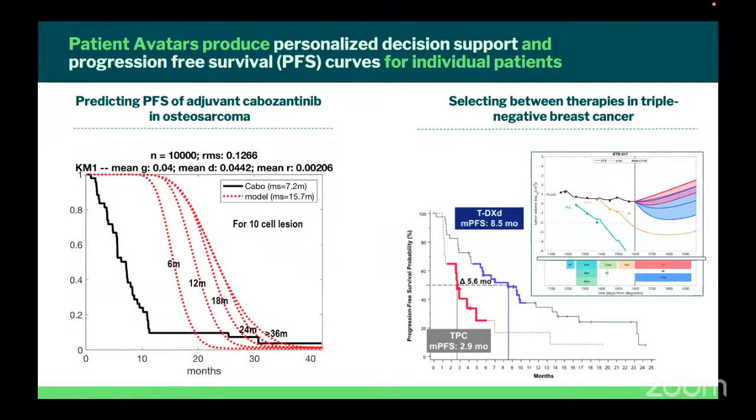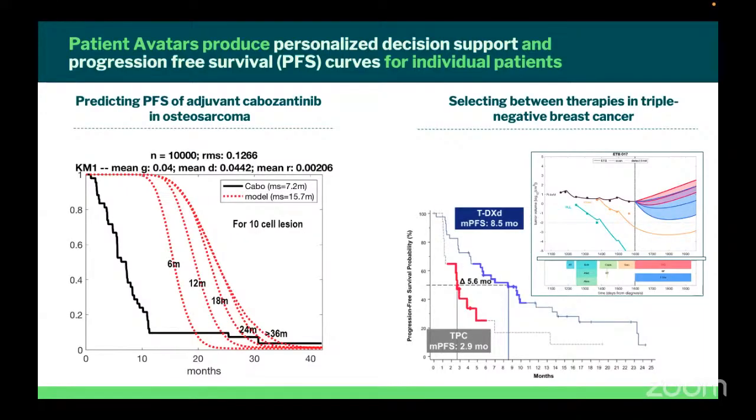But this person had no evidence of disease, so we wanted to say, what were the expectations they could have, how long they might be on the cabozantinib, and also how long should they continue the cabozantinib in the absence of progression.